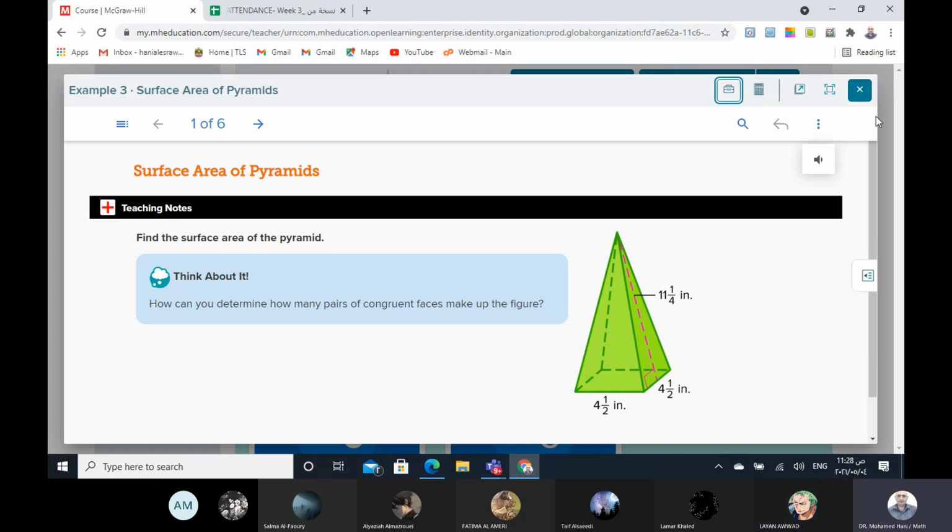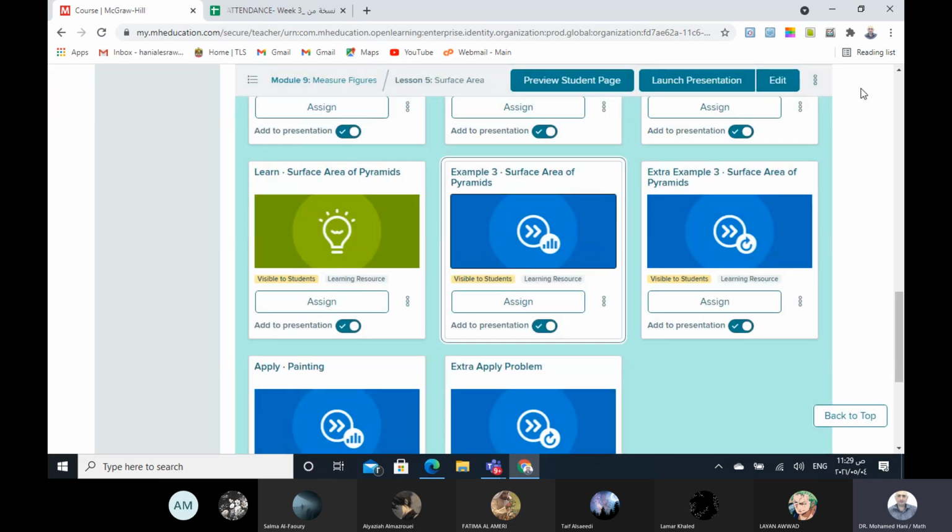Great. So as you see, the pyramid has just one base, but the prism has two congruent and parallel bases. Okay, this is our lesson today.